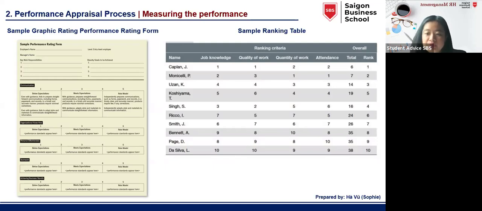The ranking method, one of the oldest and simplest forms of appraisal, involves comparing each employee's performance against others. The managers rank employees from best to worst based on overall performance or specific factors such as job knowledge or punctuality.